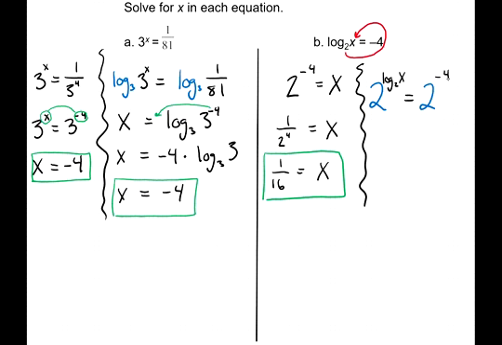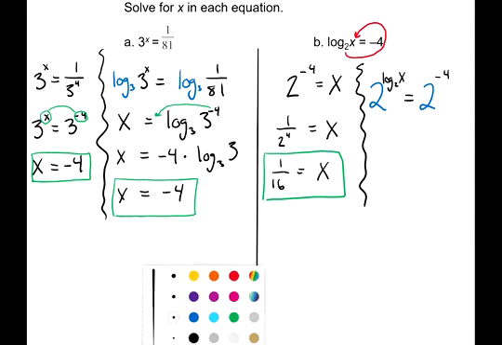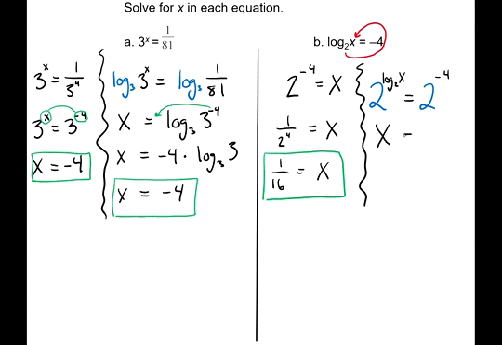Okay, the exponential function of base 2 and the logarithmic function of base 2 are inverses of each other. So we know they cancel out and we get x. And on the right hand side, we know 2 to the negative 4 is 1 over 16. So x is equal to 1 over 16.